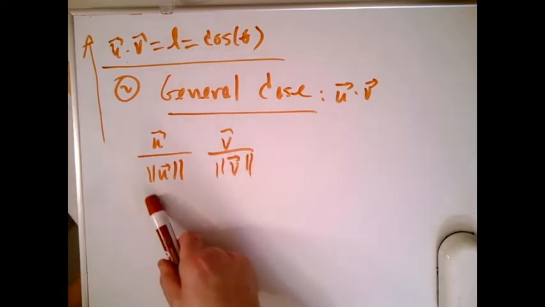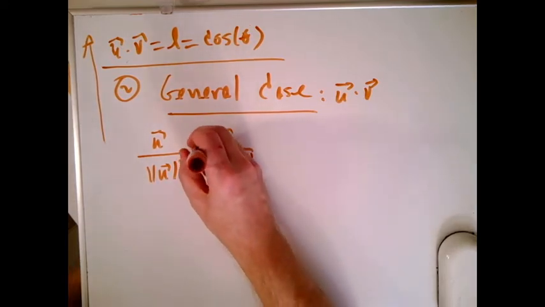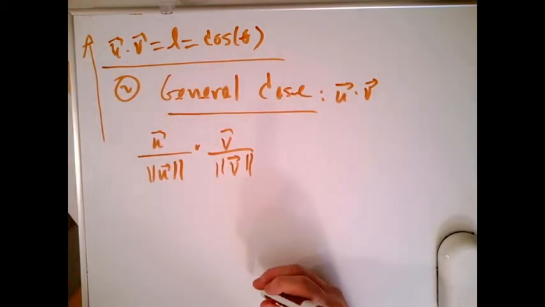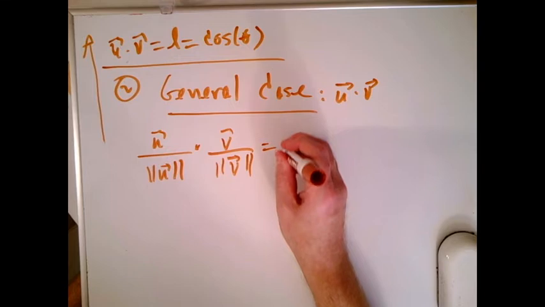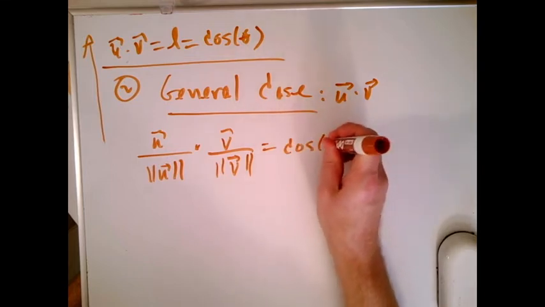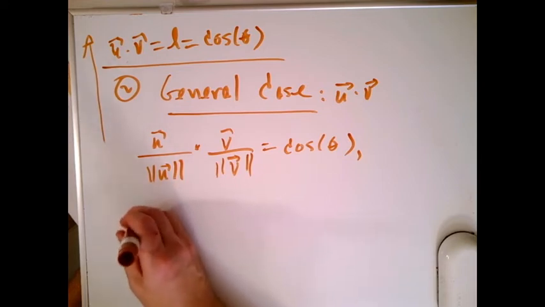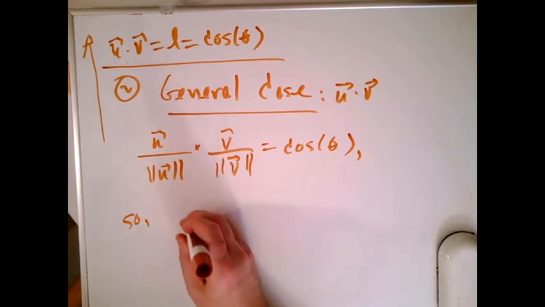Like that. So that's a unit vector, that's a unit vector. By our first example, the dot product of two unit vectors should just be equal to the cosine of the angle between them. So that's going to tell us our definition for general dot product.